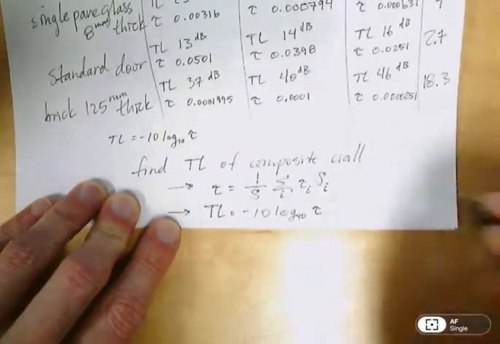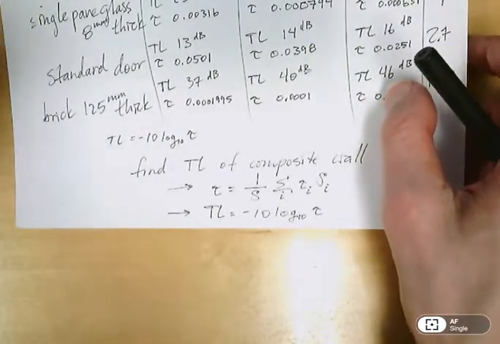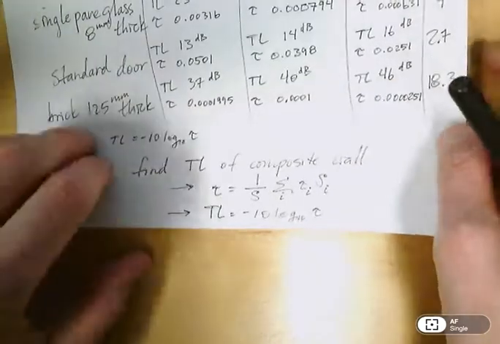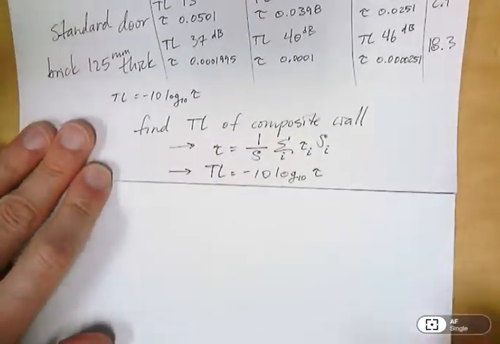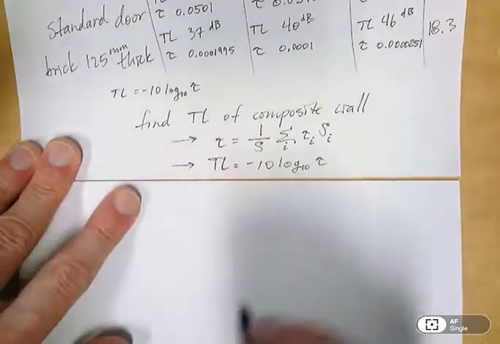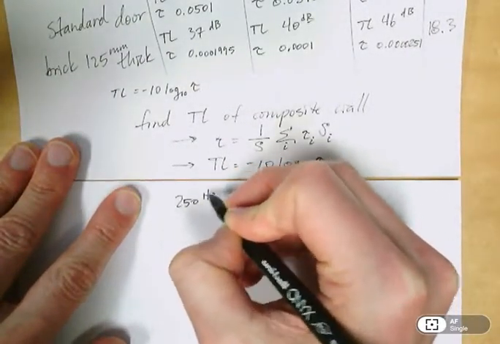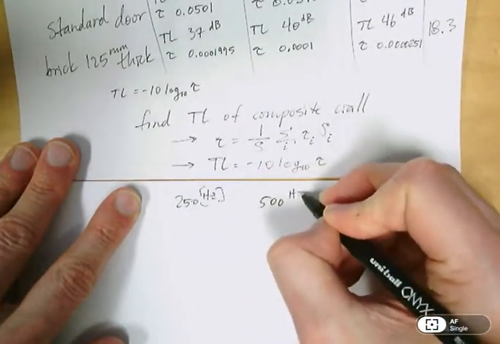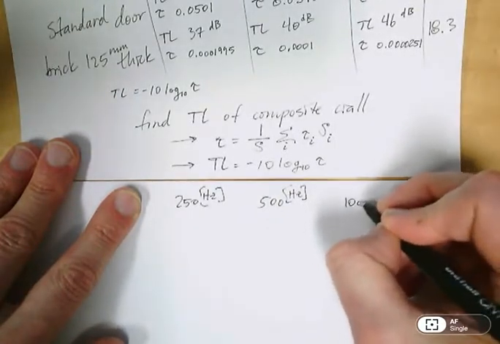So let's make then a new table where we will work out these values. So using our values from above, what we will do is that for the 250 Hertz octave band, for the 500 Hertz octave band, and for the 1000 Hertz octave band.